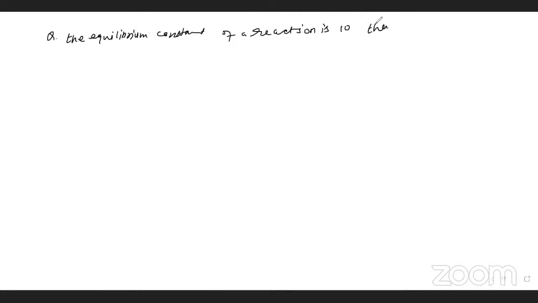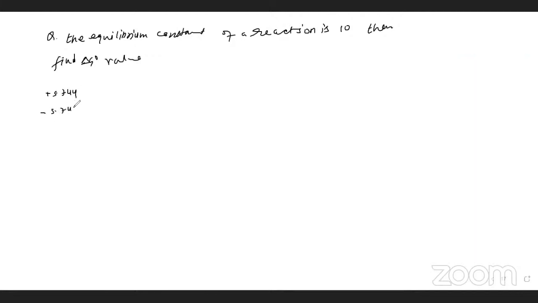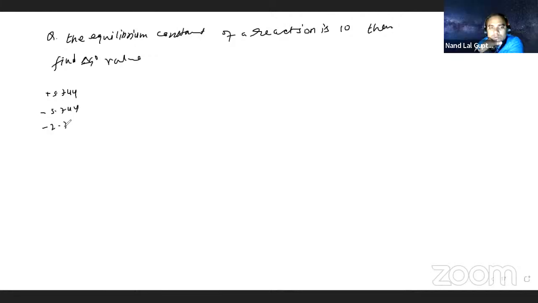Then find the delta G naught value. The value they have given is 5.744, minus 5.744, minus 2.744, plus 2.744.